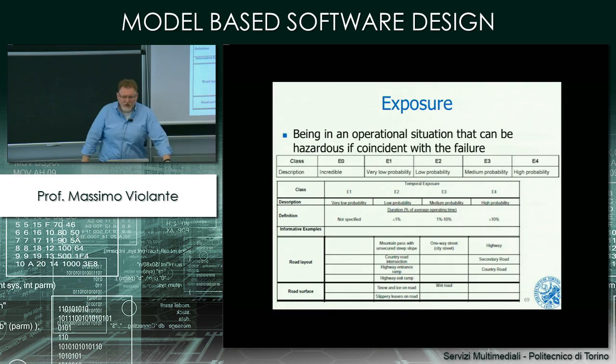And then we have the exposure. The exposure is a measure of being in an operational situation that can be hazardous if coincident with the failure. Again, we have the categories from E0, incredible, to E4, highly probable. An example of incredible: you are getting hurt while driving because an object from space hits your car.